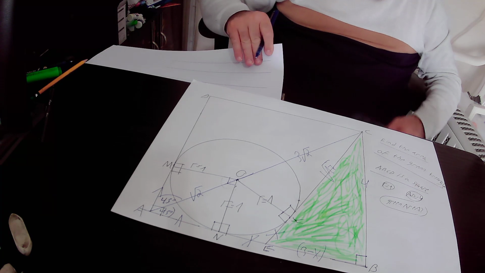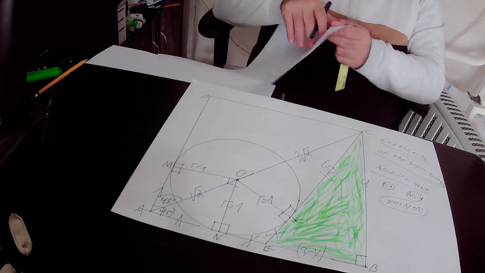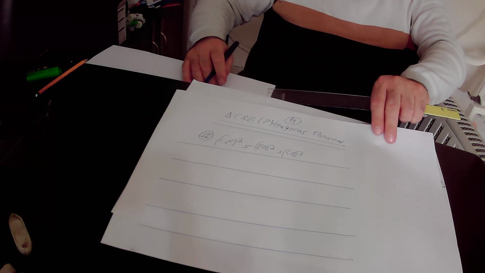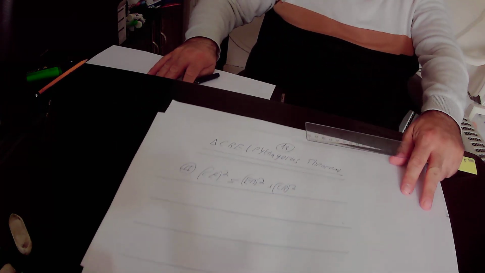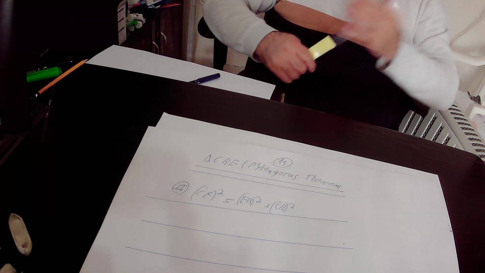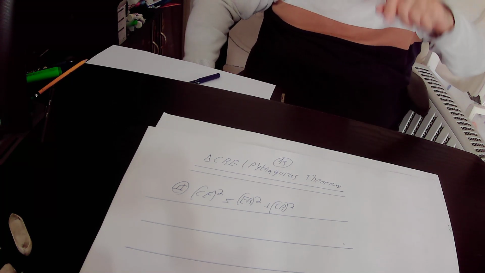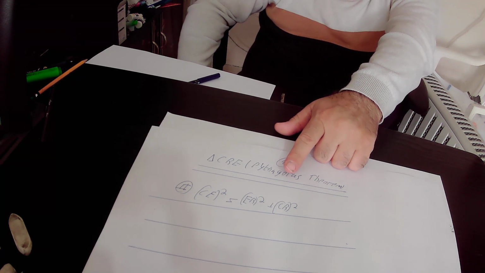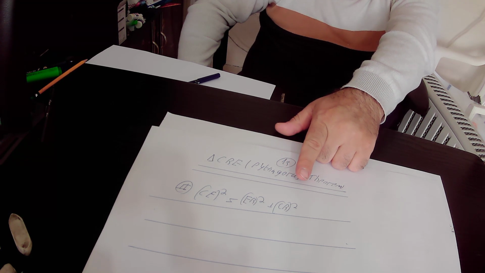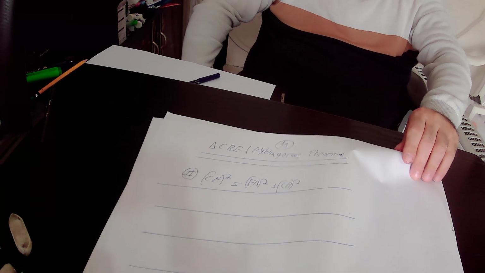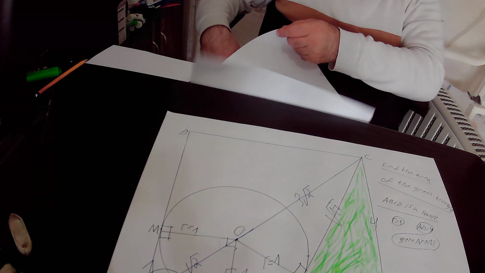So I will repeat again. In the right green triangle CBE, according to the Pythagoras theorem, the square of the hypotenuse CE squared equals the sum of the squares of the perpendiculars, that is, EB squared plus CB squared. So what is the value of CE?